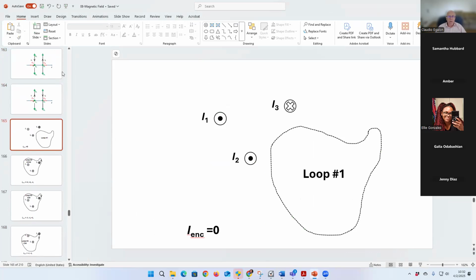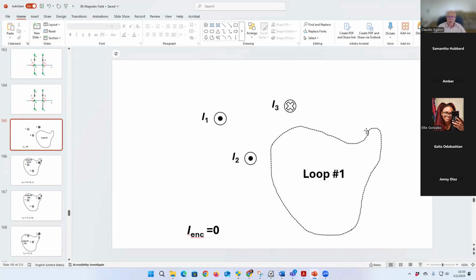So suppose that we have all those current carrying wires right in here, I1, I2, I3, okay? And I go ahead and come up with a very generic loop. I'm trying to calculate the magnetic field generated by those three wires here. If I choose my loop properly, I will be able to get the magnetic field.